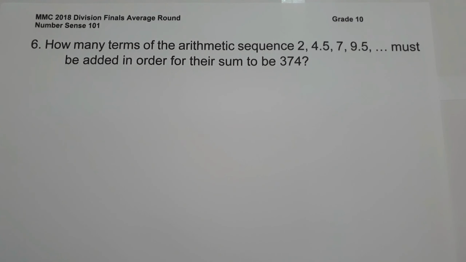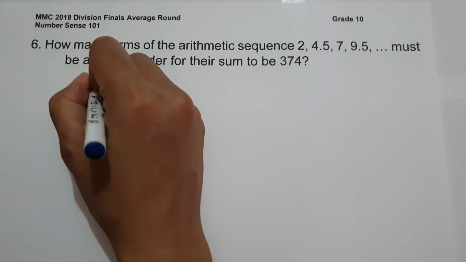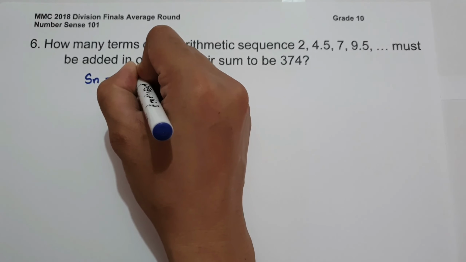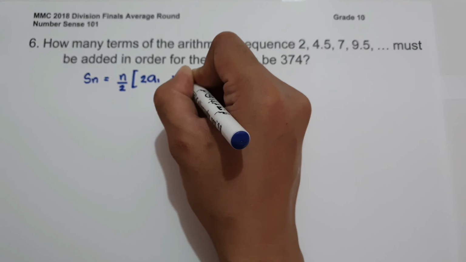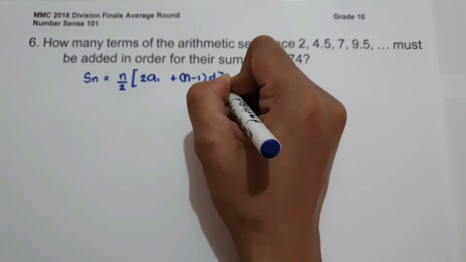On number 6, how many terms of the arithmetic sequence 2, 4.5, 7, and 9.5 must be added in order for their sum to be 374? So to find the number of terms, let us use the formula for the sum of an arithmetic sequence, that is S sub n equals n over 2 multiplied by 2 a sub 1 plus n minus 1 times d.